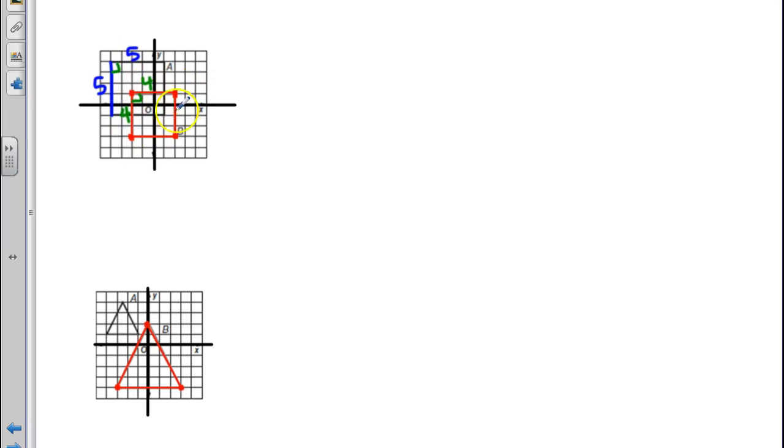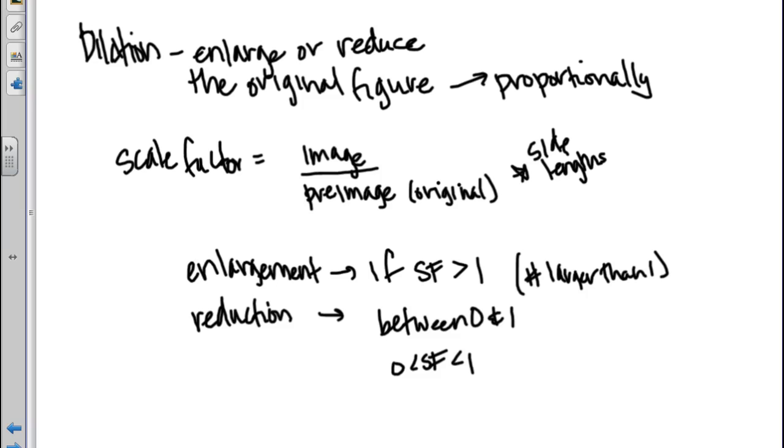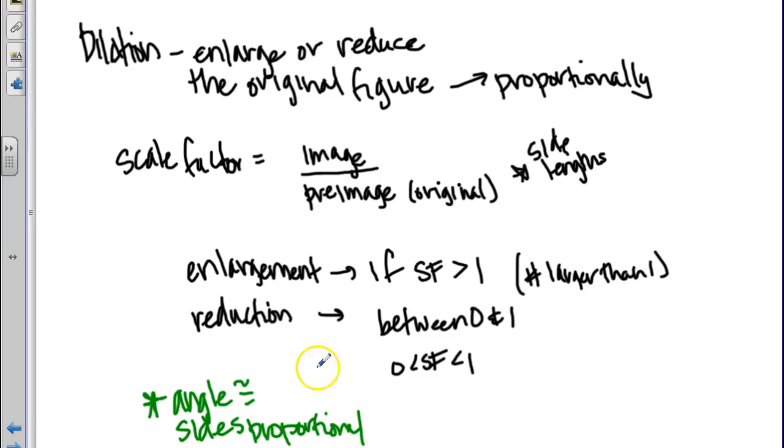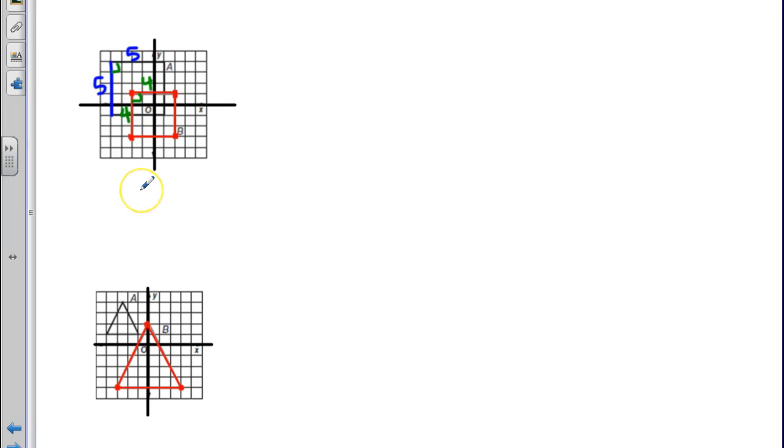So angles are congruent. I didn't put that on the page before, but you might go back to your notes and say angles are congruent, sides are proportional, just as a reminder. We started out saying similarity transformations tell us the figures are similar. So sides are proportional, angles are congruent.